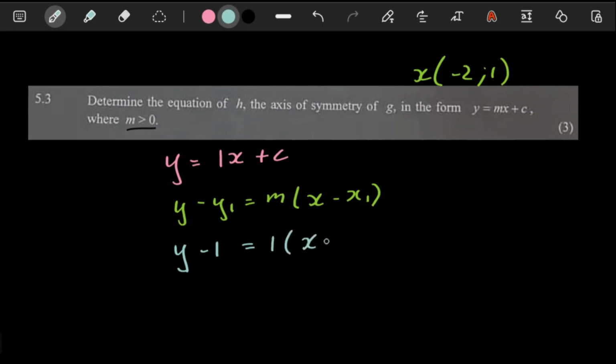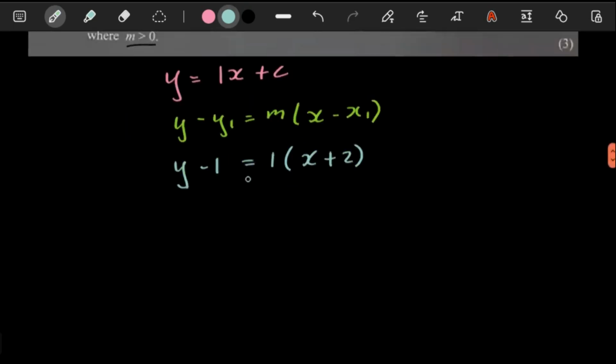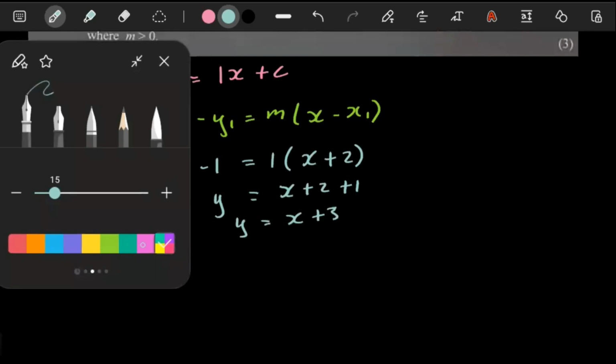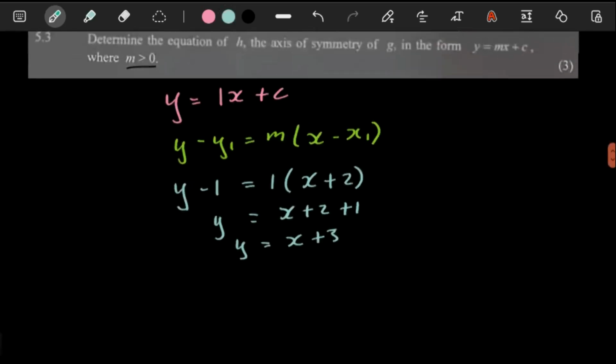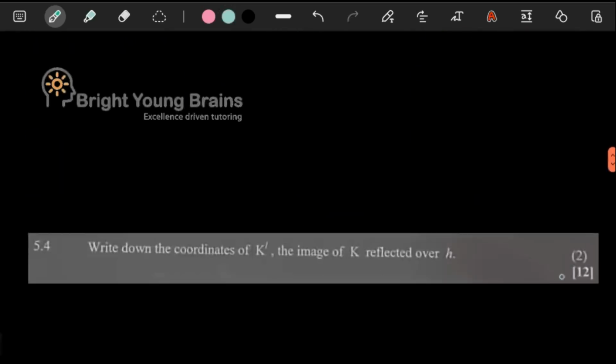Our x value here is -2, so if you put -2 there, it's going to be +2. Then let's solve for y, we need to make y the subject of the formula. So this is y equals x +2 and +1, which is x +3. Fantastic, my guy, fantastic.